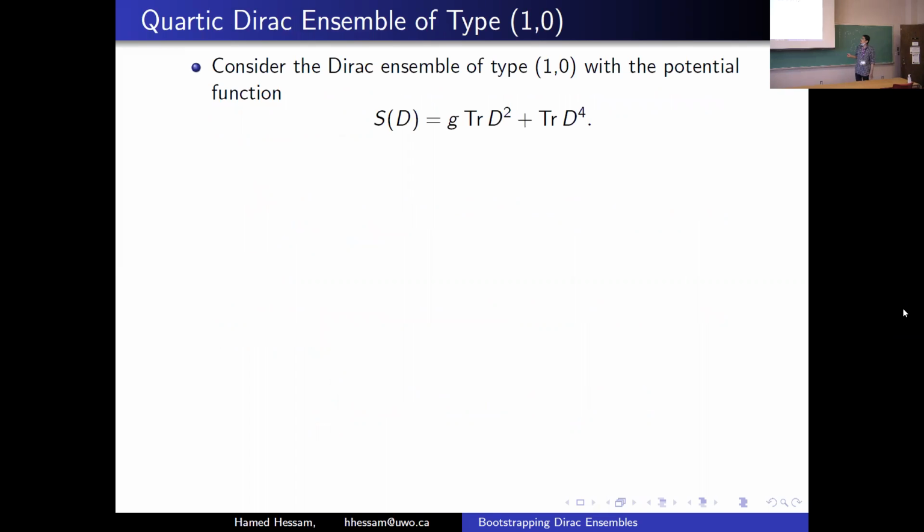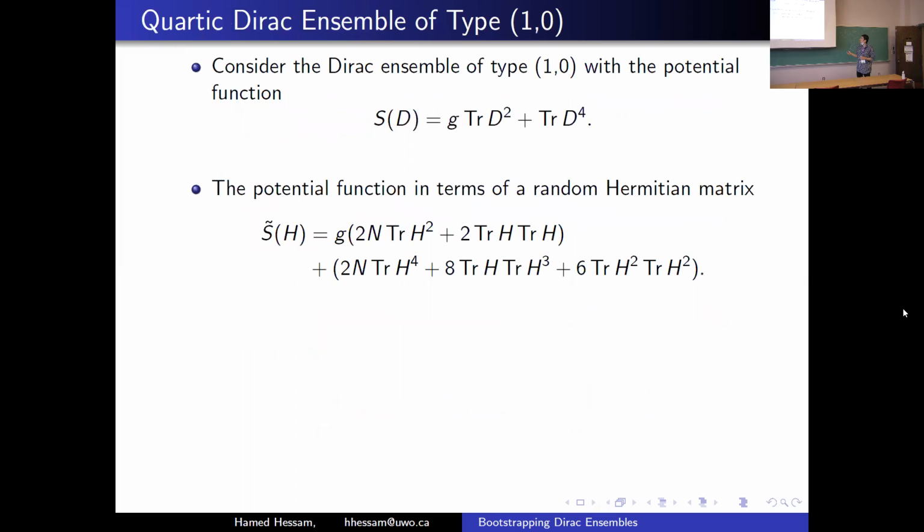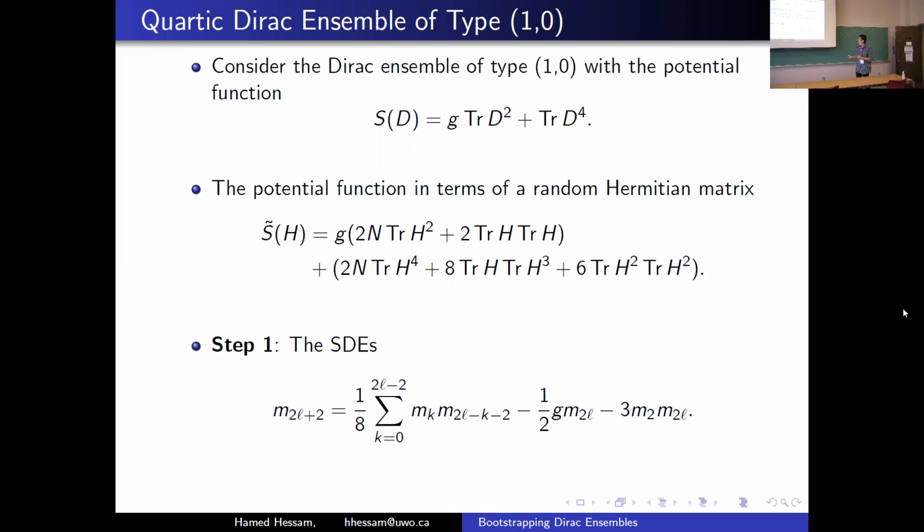So let's go to the type 1-0. As we saw, we were looking to solve this model: S of D is g trace D squared plus D to the fourth. As we calculated before, S tilde of h, in terms of h, we can write it in this form. And the Schwinger-Dyson equations look like that.